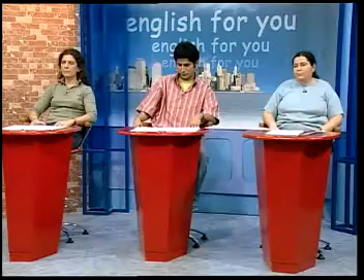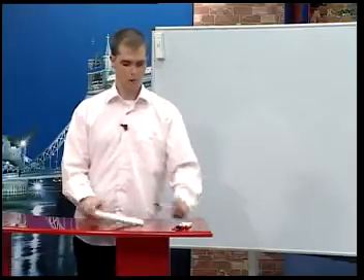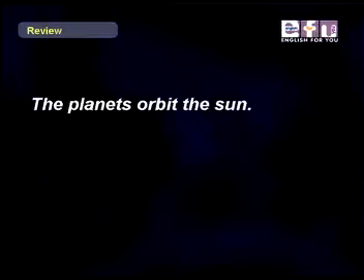Review. Okay, now let's do some exercises. I'll give you a sentence in the active voice. You put it into the passive, and let's use only present simple. Rosa, you may go first. Okay. Here's your sentence.